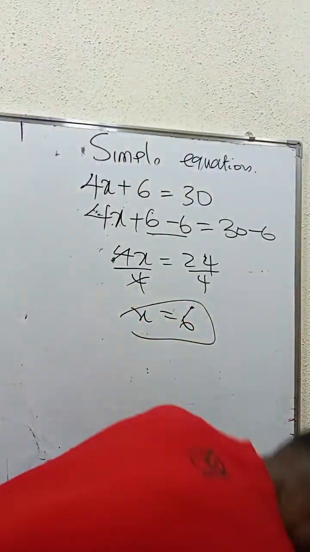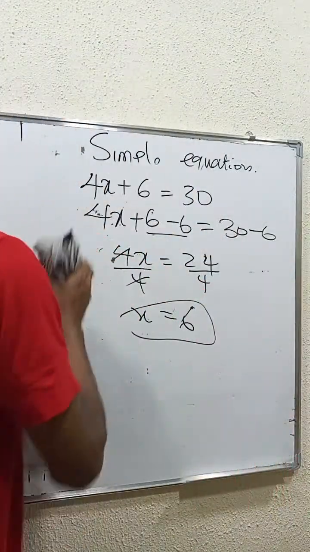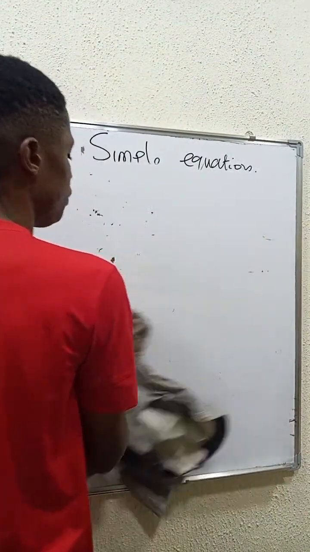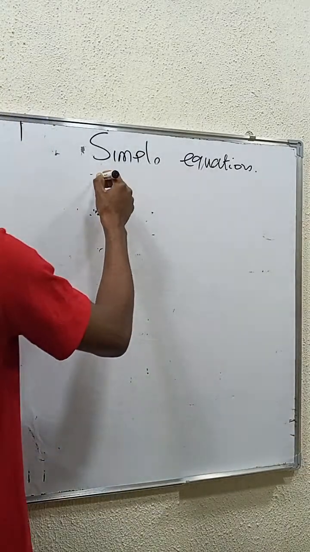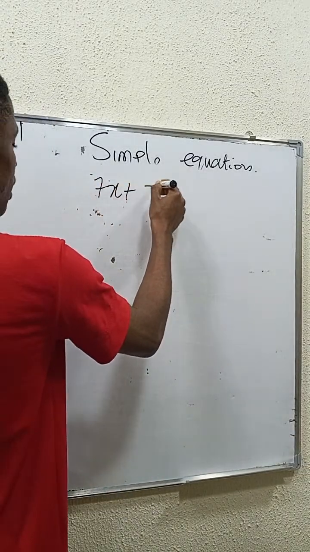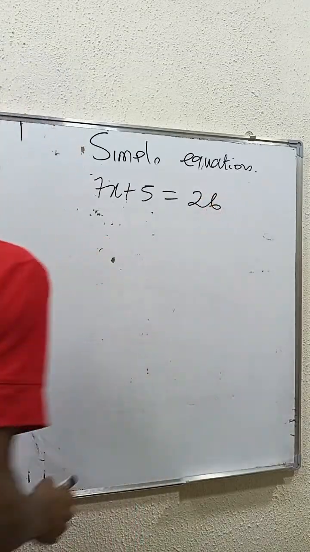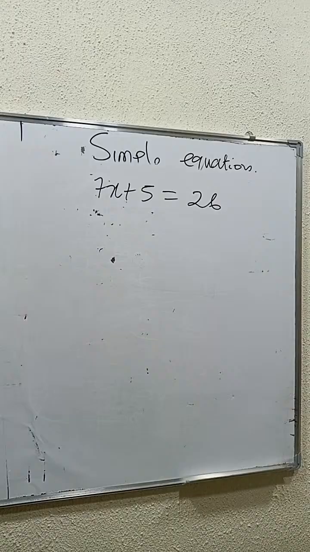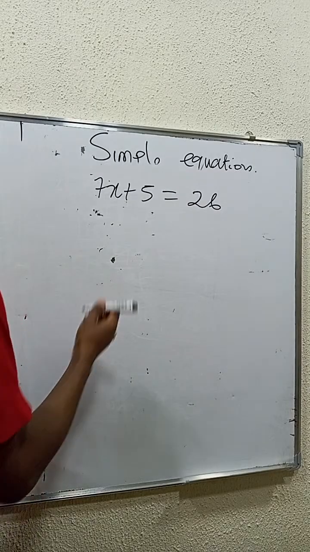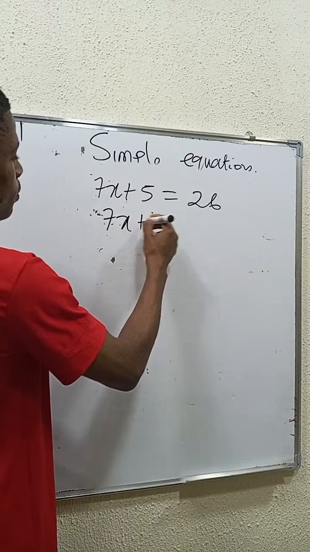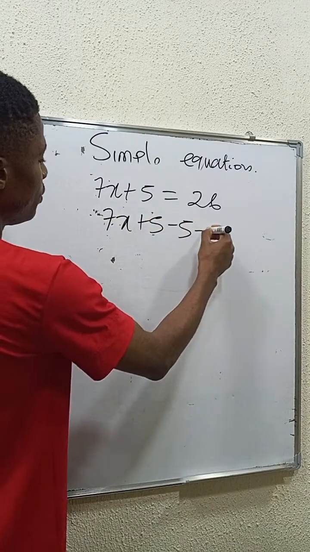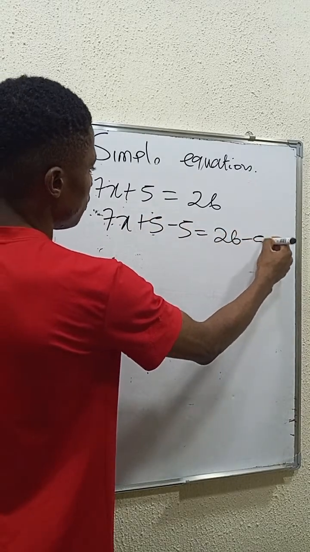Okay, good. So let's look at another one. The next one on our list is 7x plus 5 is equals to 26. Here we'll try to find the value of x. So for us to do that, we have 7x plus 5, take away 5, is 26, take away 5.